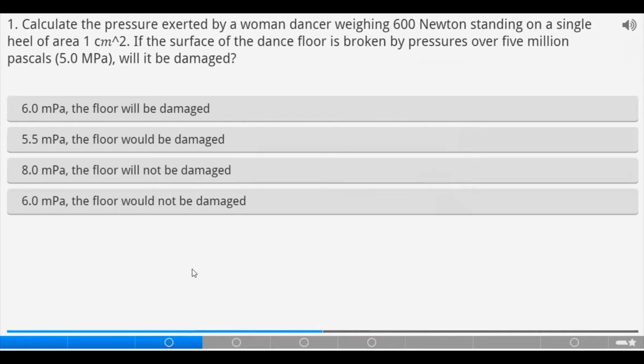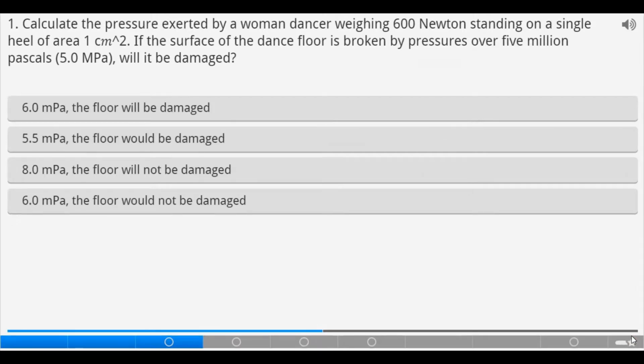Now, let's deal with this activity. We have to calculate the pressure exerted by a woman dancer of weight 600 Newton standing on a single heel of area 1 centimeter squared.